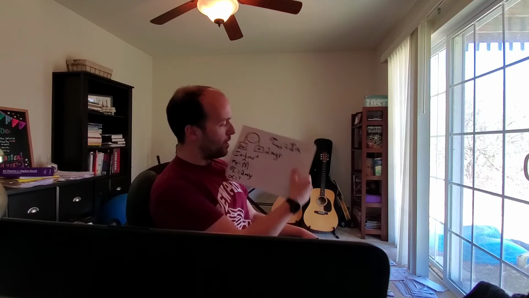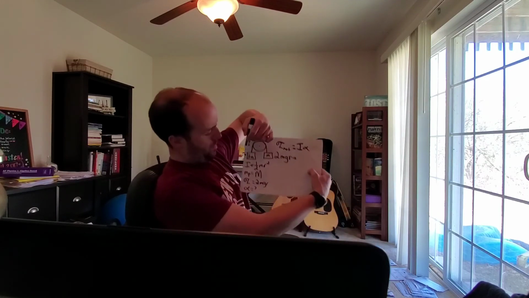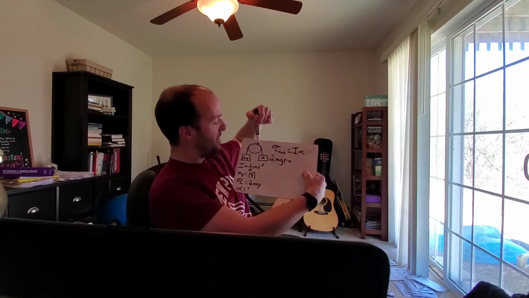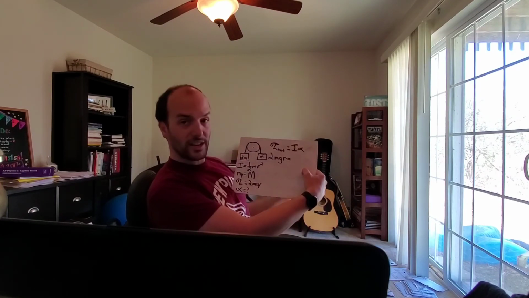Okay, so we said that our net torque was 2 times lowercase m times g times the radius, our moment arm, r. And we said that your rotational inertia is 1/2 times the mass of the pulley, which we said is uppercase M, times r squared. So let's plug that in.